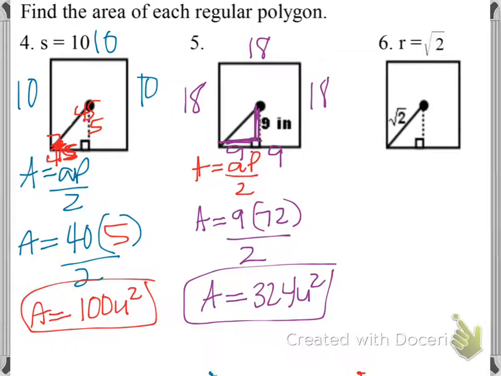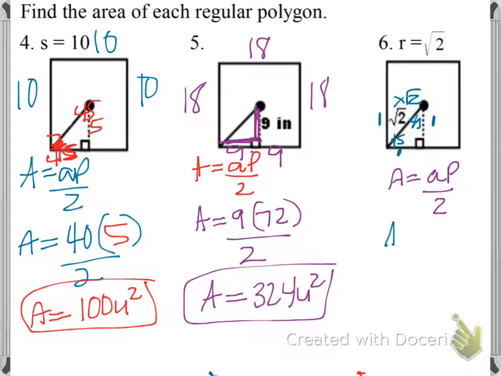Number 6, here they're giving you the radius. So we do not have a side or the apothem yet. That is your x root 2 side in your 45, 45, 90. The good thing is that has a root 2 on it, which means x is just 1.